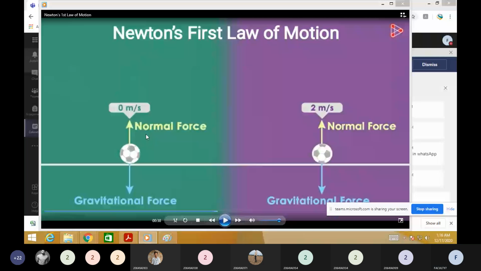So that's why this football remains at rest. Now, the football moving with 2 meters per second velocity will continue with that particular speed.